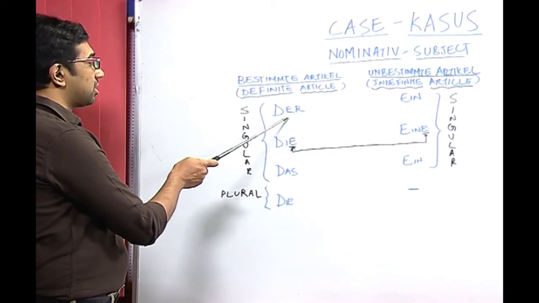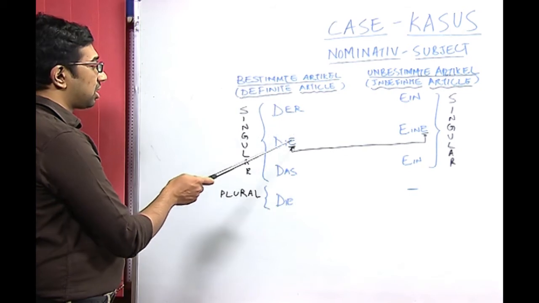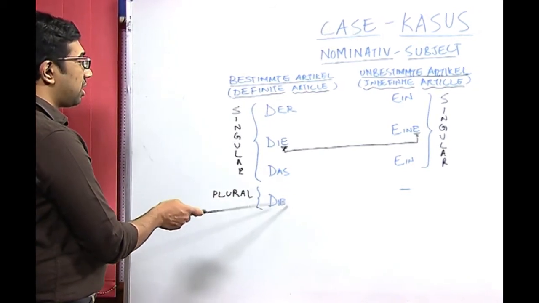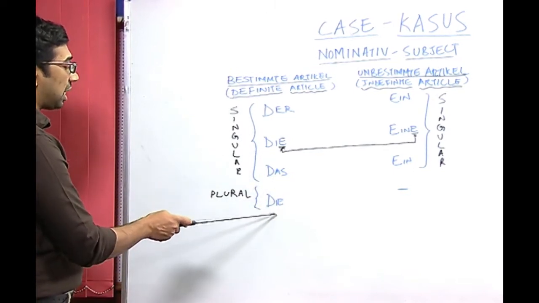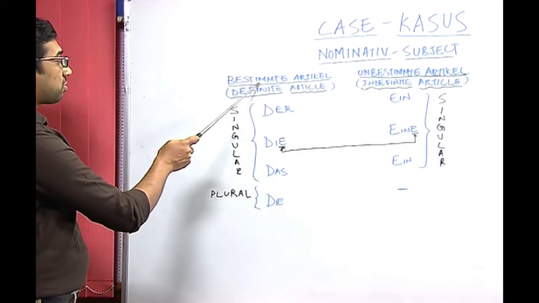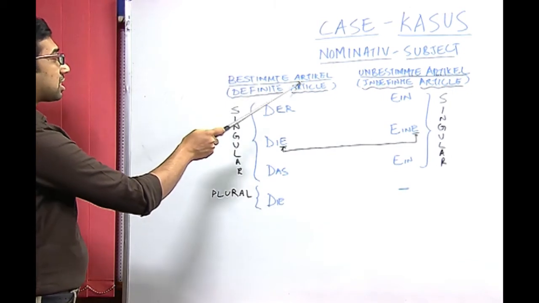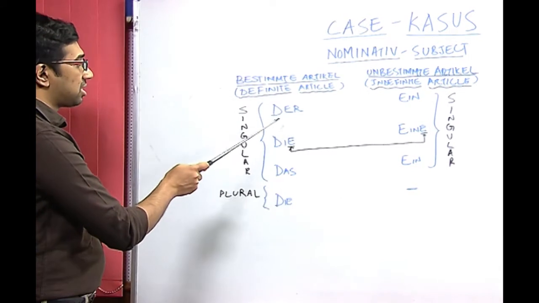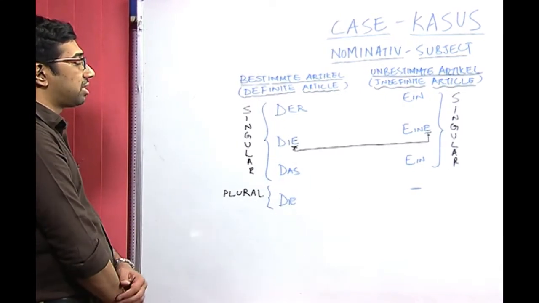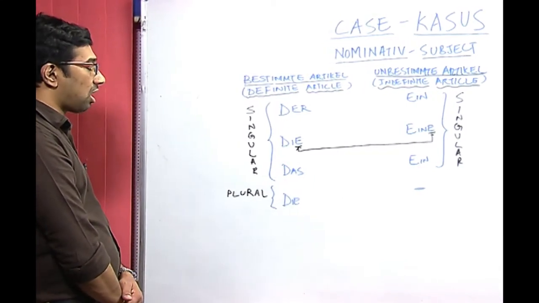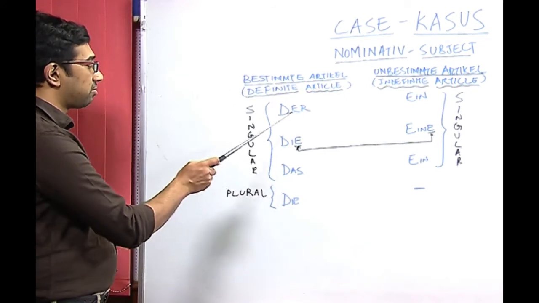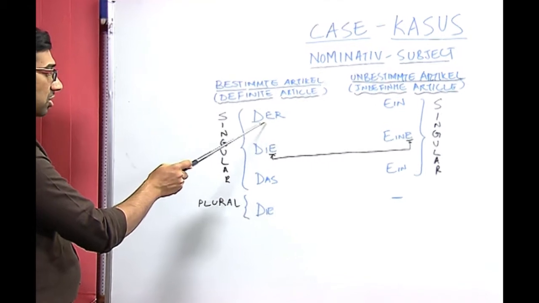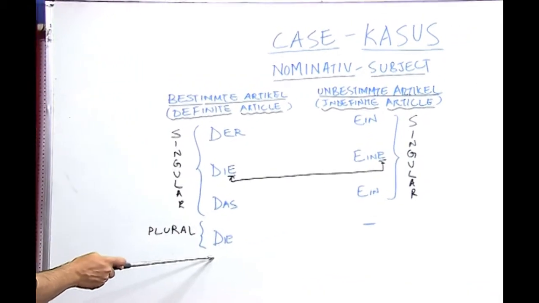Here we have the articles der, die, das and die. This set of articles is called in German bestimmte Artikel, which means definite article, and in English we have the definite article the. However, in German we have more than one definite article which are listed here.